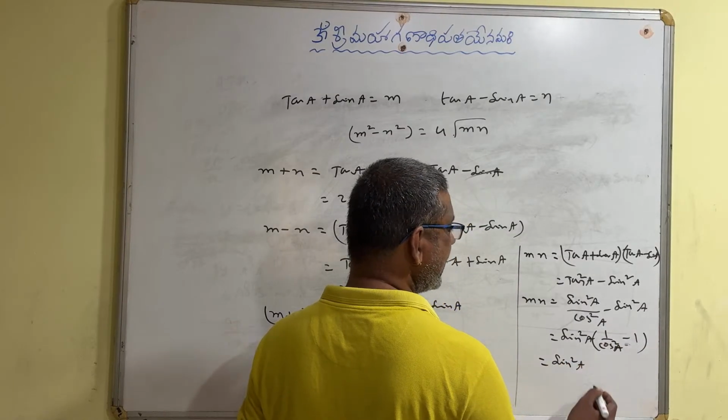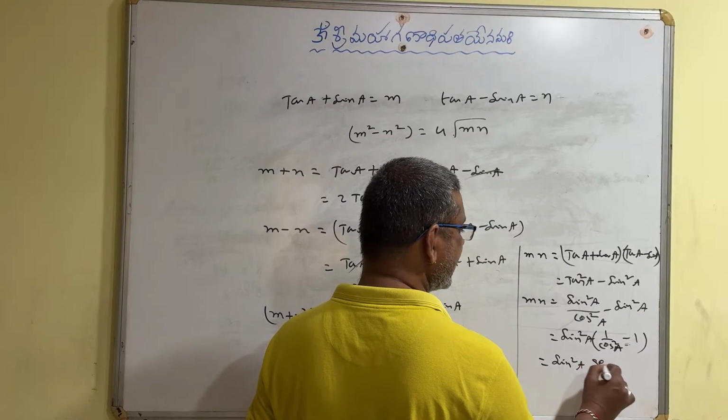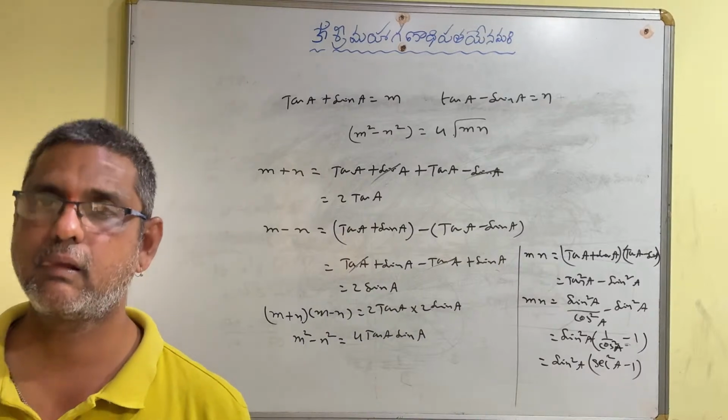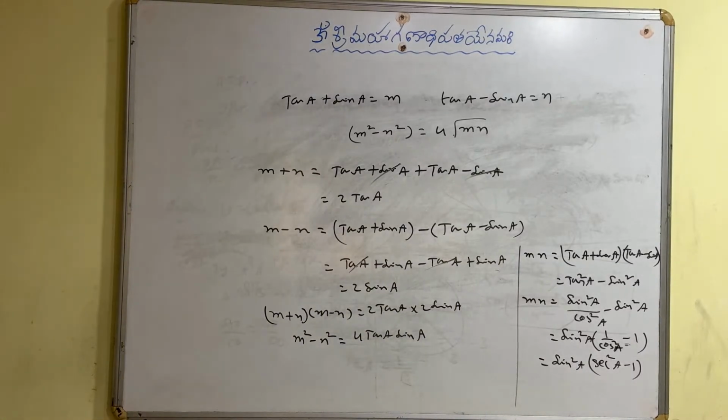So sin square A into 1 by cos square A is secant square A, secant square A minus 1. What is secant square A minus 1, children?